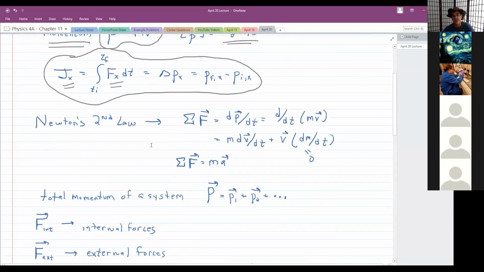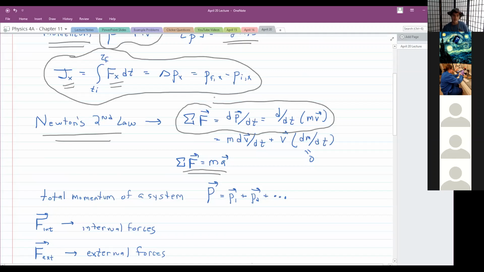Other thing I started looking at is conservation of momentum. And what I first talked about was that Newton's second law, when he first published it, he didn't publish it in the form F equals ma. The way he actually published it was the sum of the forces on an object equals the change in momentum of the object with respect to time.